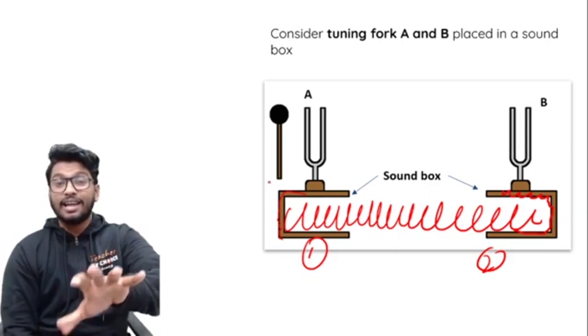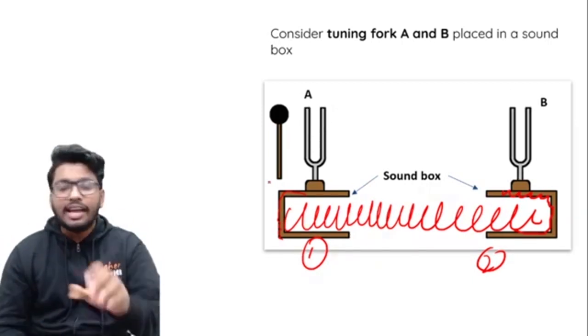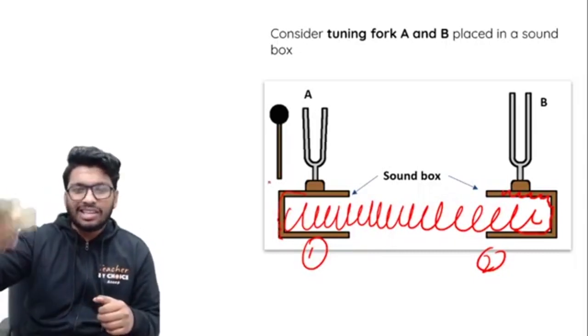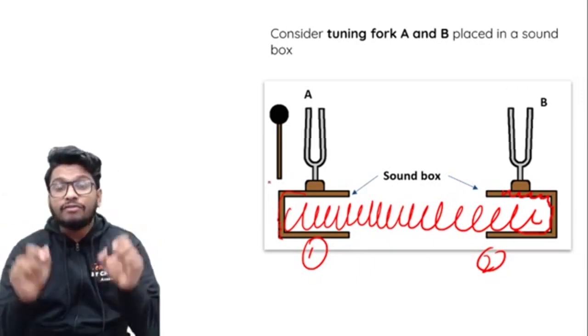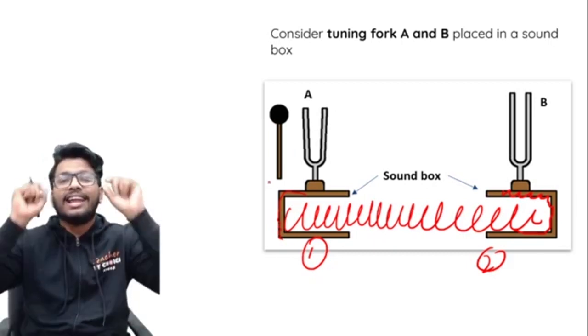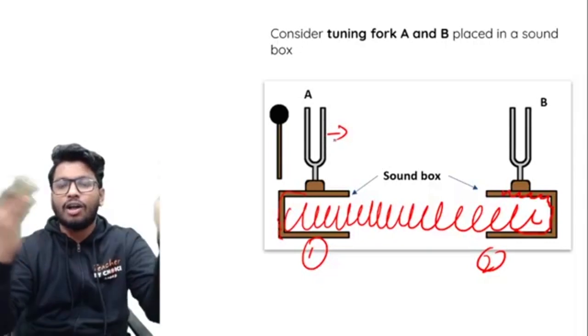Here's the thing: every tuning fork has its own natural frequency. Now look carefully at the GIF, people. When they change the tuning fork to a bigger one, you don't see that vibration, because only if the frequencies of both tuning forks match will this happen.